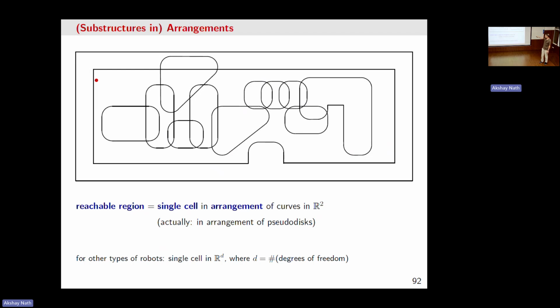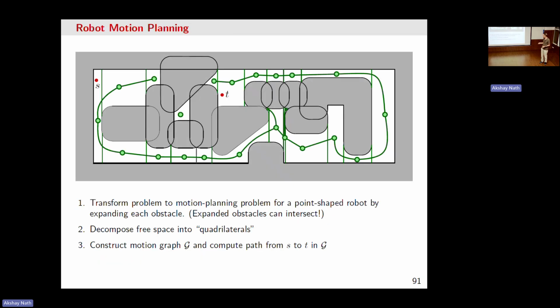And here I can go from here to here. For that, I would only have to look at the region containing that starting point, because that is the region that I can reach.